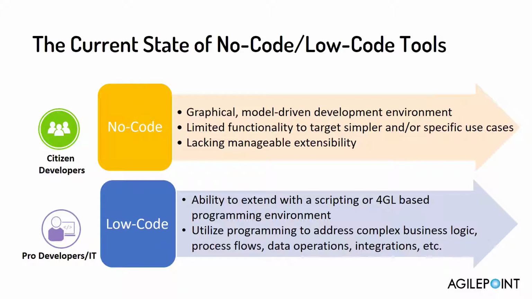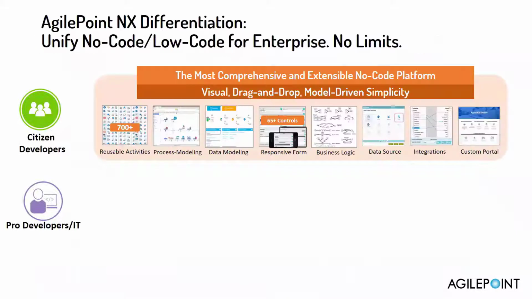On the other hand, we have the low-code market, which tends to offer lots more control, but tends to be extended with a proprietary scripting language or some fourth-generation programming language, which really limits its appeal to broader audiences. So with that being said, AgilePoint is really a unique blend of these two different types of platforms.